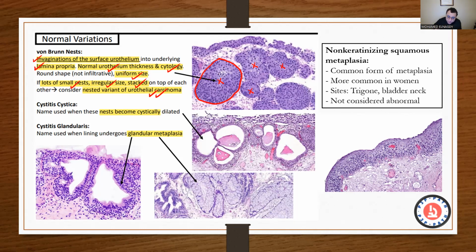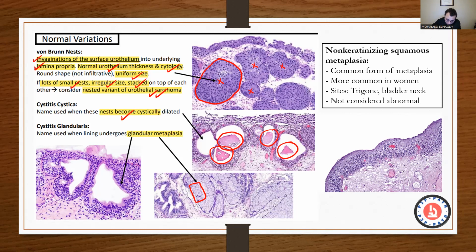Some of these von Brunn nests might undergo some cystic changes, as you can see here. And in this case, we call it cystitis cystica. The nests become cystically dilated. And sometimes you might see, like what you see right here, a kind of mucinous lining. Some cells in the von Brunn nest undergo some glandular or mucinous metaplasia.